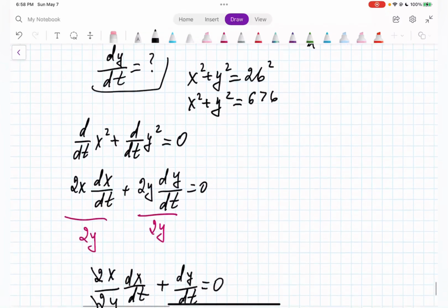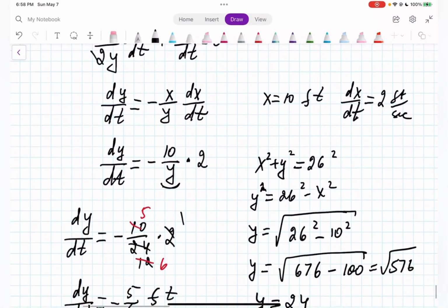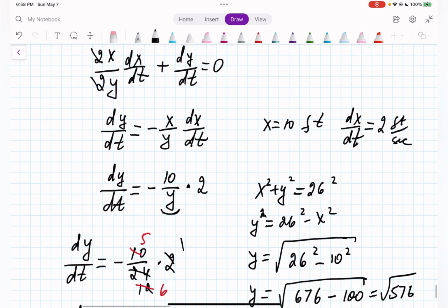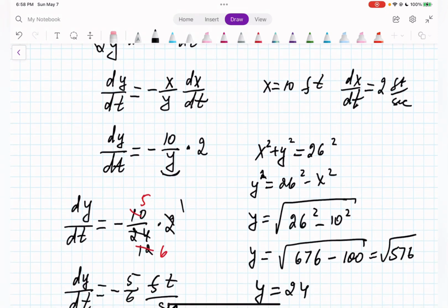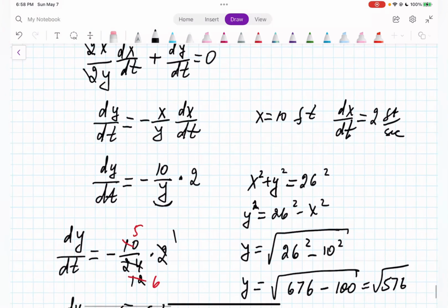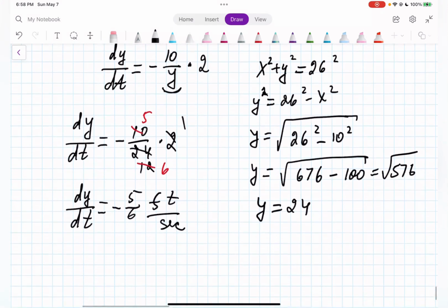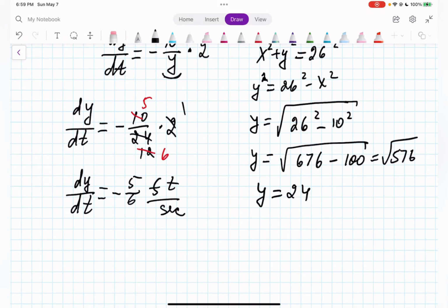Let's double check negative x over y times dx by dt. x is 10, y we calculated as 24, and dx by dt is 2. 10 times 2 over 24, 1 and 12, by 2, 5 and 6.